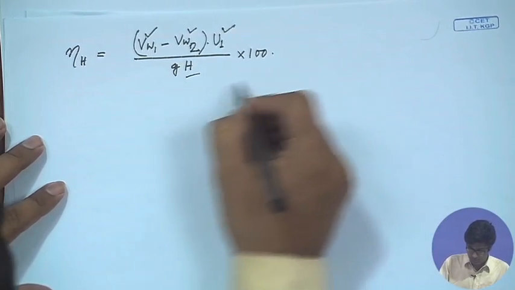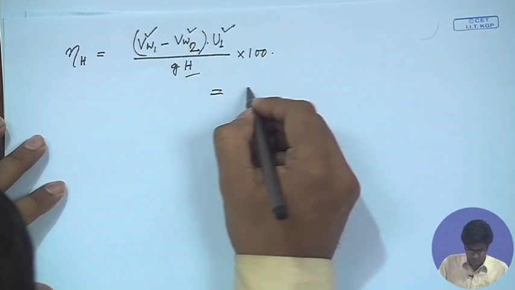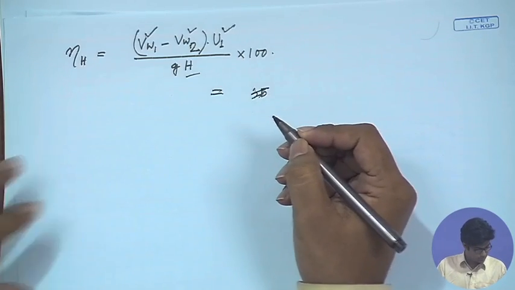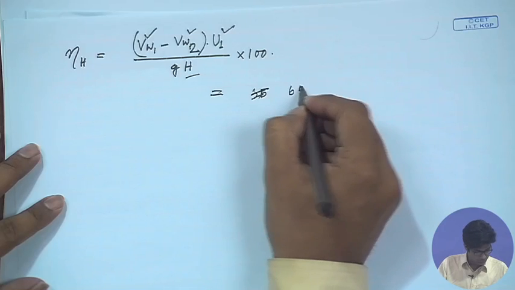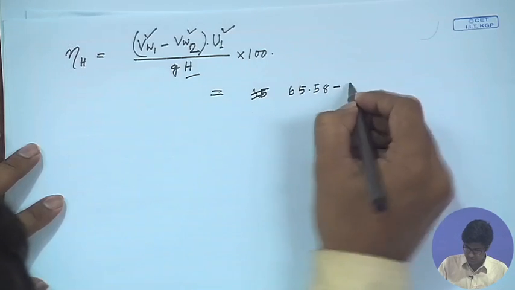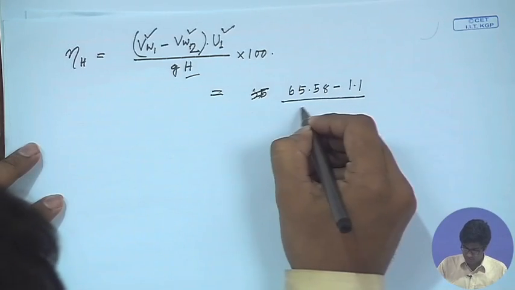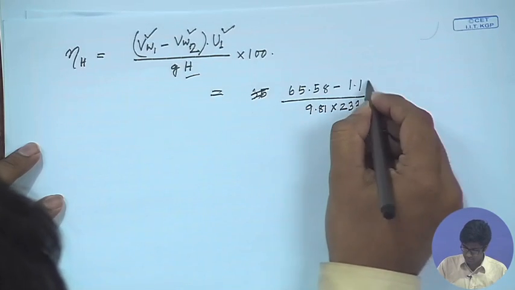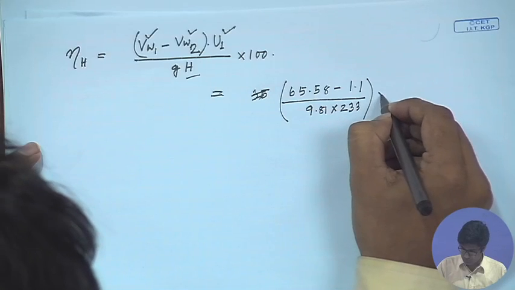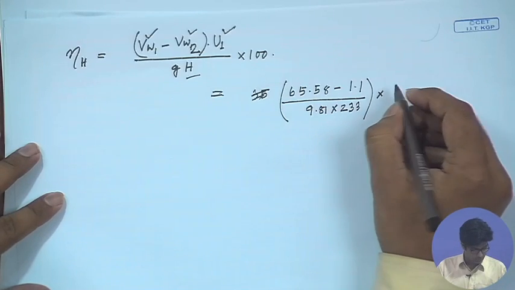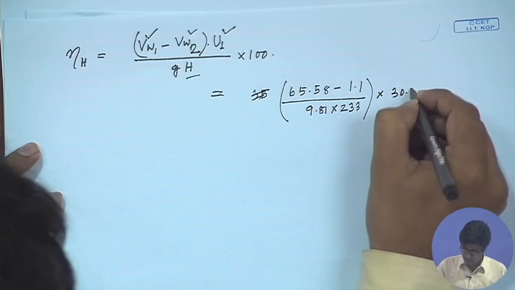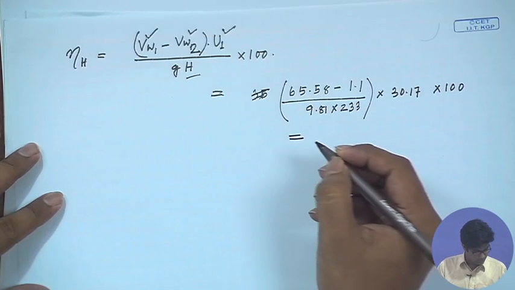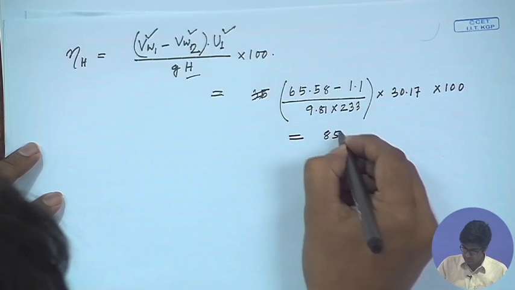So, we can find out the hydraulic efficiency by substituting the value, which is 65.58 minus 1.1 divided by 9.81 into 233 into the peripheral velocity of the blade, which is 30.17 into 100. Calculating this, we ultimately get the hydraulic efficiency as 85.1%.